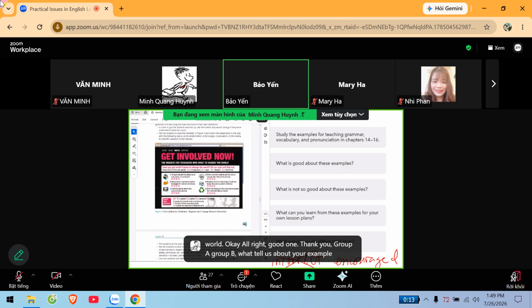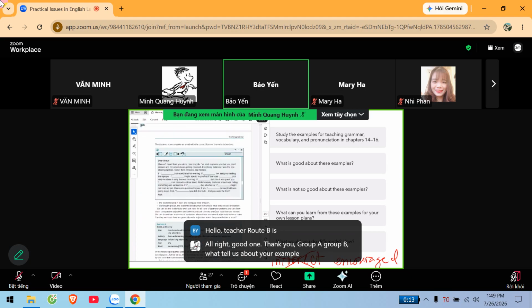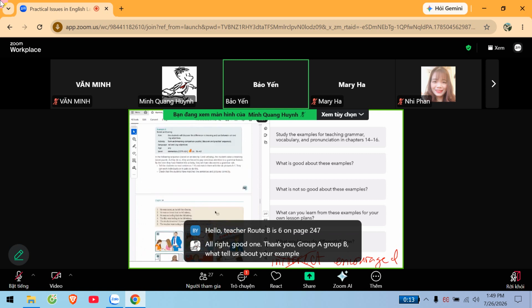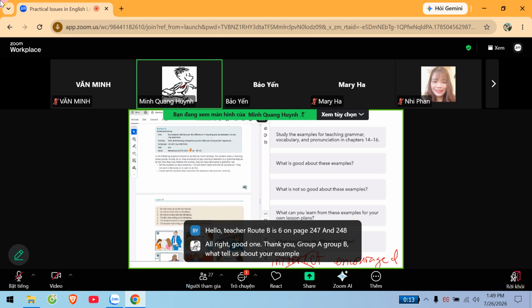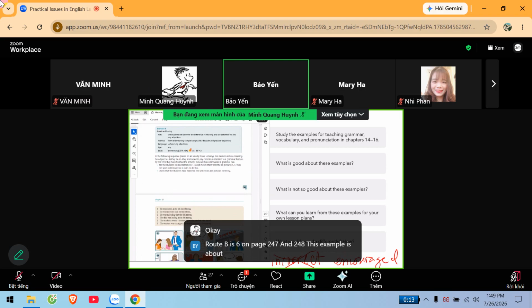Hello, teacher. Group B's example is example 6 on pages 247 and 248. This example is about teaching the differences between ed and ing adjectives such as bored and boring. Students discover the grammar rule by matching sentences with pictures.